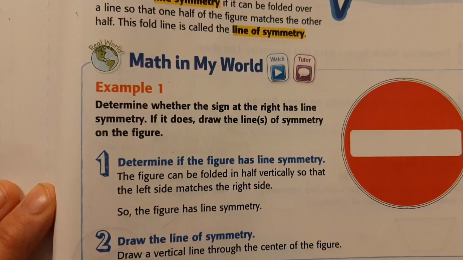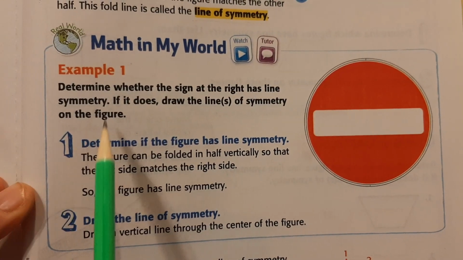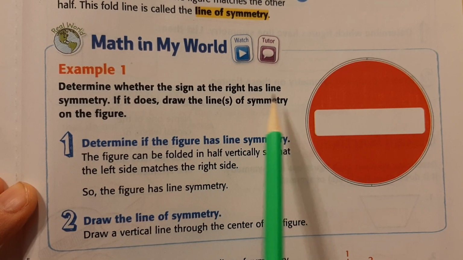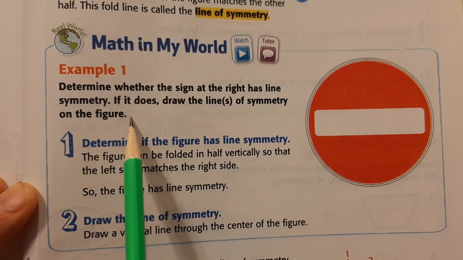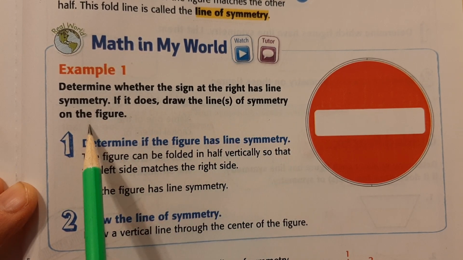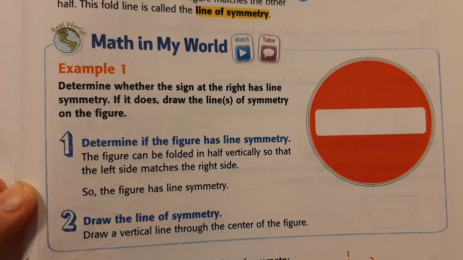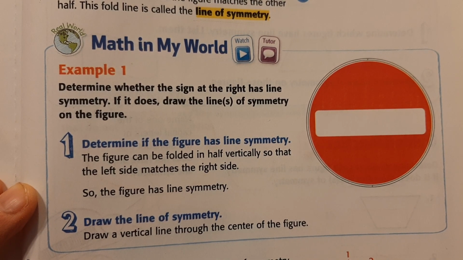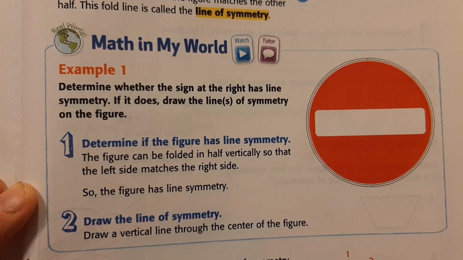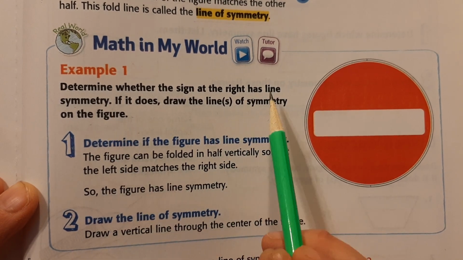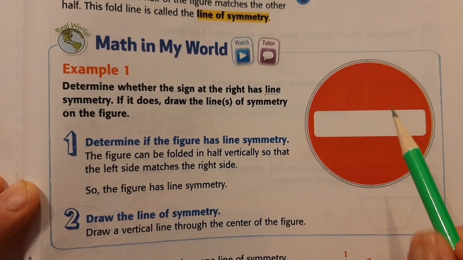Let's see what it says here. Let's look at our first example. Determine whether the sign at the right has line symmetry. If it does, draw the lines of symmetry on the figure. So you take a look at this. If you fold this in half, would it be the same on both sides? Well, the answer is yes, so that means it has line symmetry.